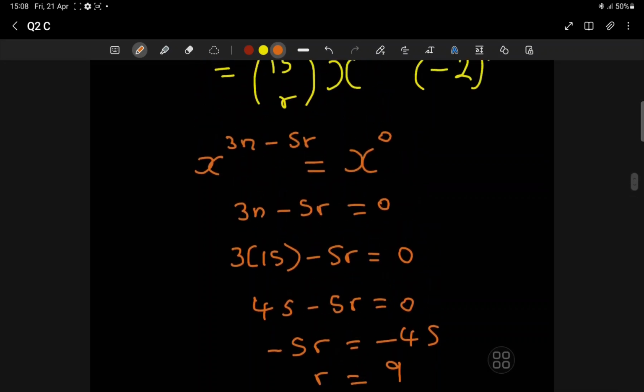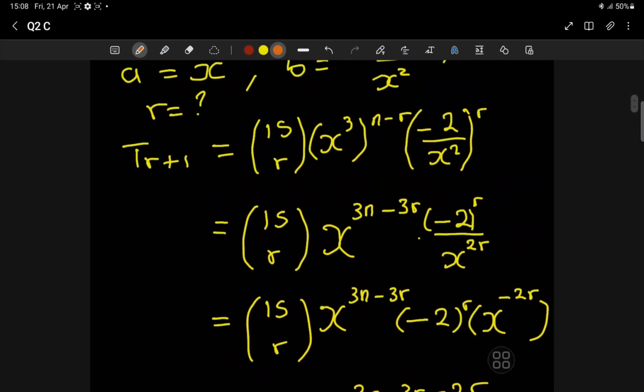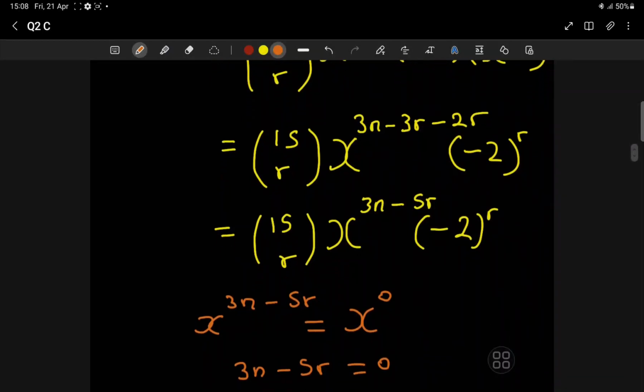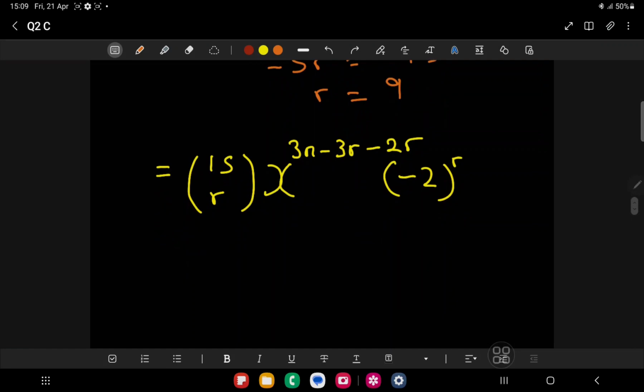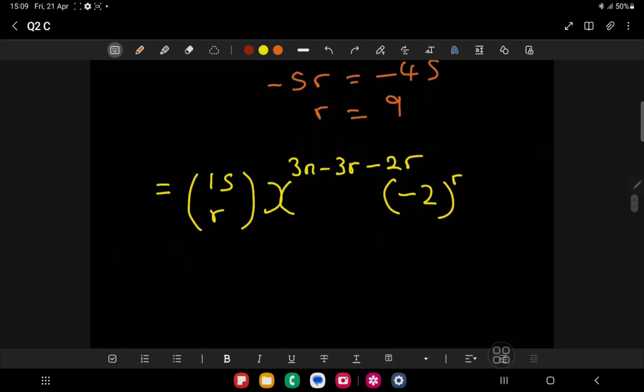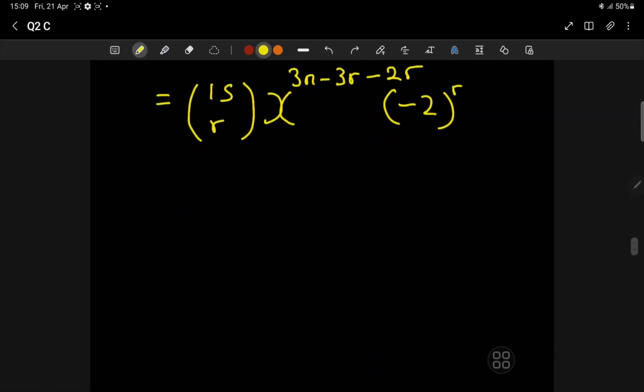Now that we have the value of r to be 9, we replace it at this stage, so that we get the final answer. So I've taken this part, this is what we're replacing in. We'll start with T of 9 plus 1, which is 10. So we'll put T_10 is equal to 15 combination 9.